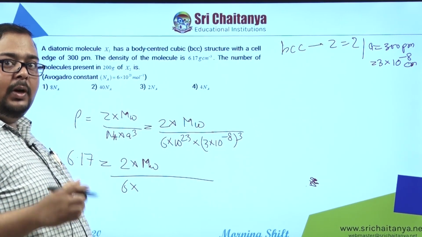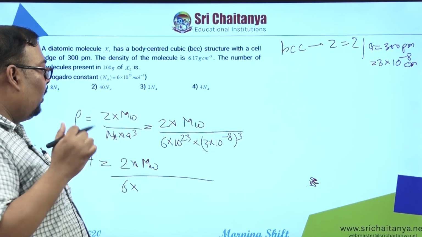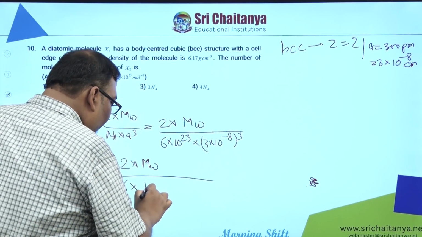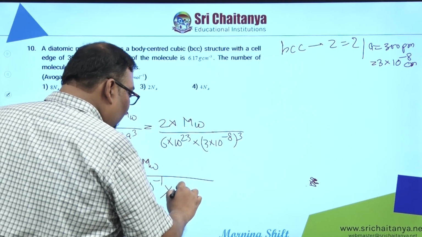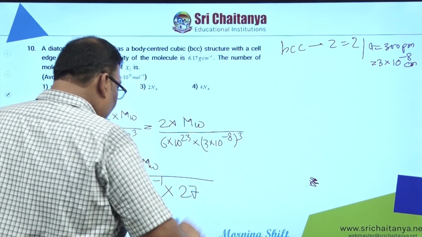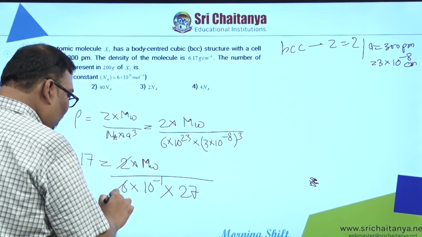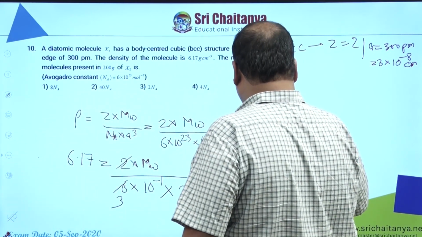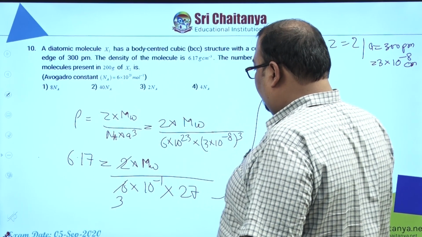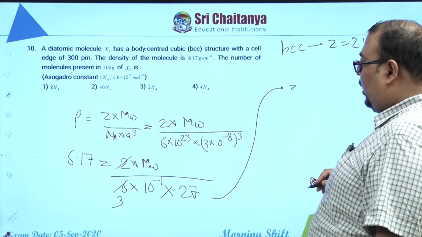So 10 to the power minus 24 into 10 to the power 23 will be 10 to the power minus 1. So I will be writing 10 to the power minus 1 into 3 whole cube, which is 27. Now you see this will cancel out like 3 times, and 27 into 3 will be equal to 81 into 10 to the power minus 1, which is 8.1.